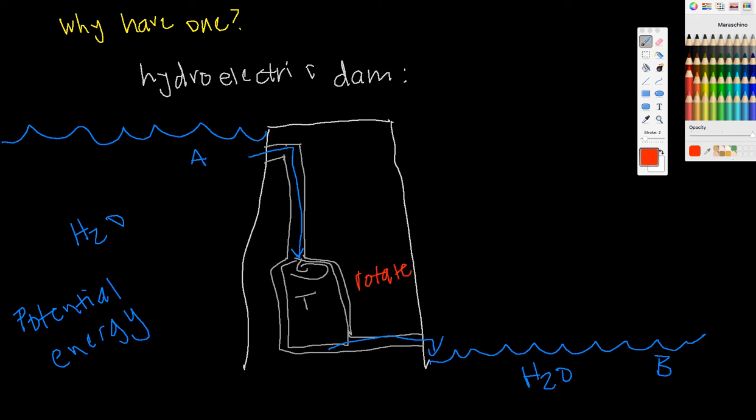So that's how we turn potential energy into rotational energy, which we then use magnets to transform into electricity. Hooray! So you can think of a membrane with a resting membrane potential as having the same principle. If you put one thing on one side of a membrane in greater amounts than another, that thing can flow down its concentration gradient, and you can use that potential energy to do some kind of work.